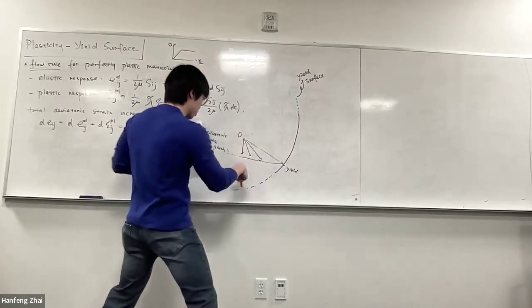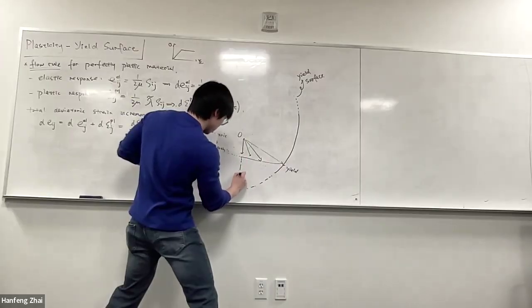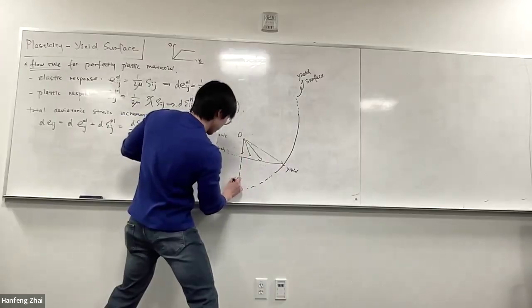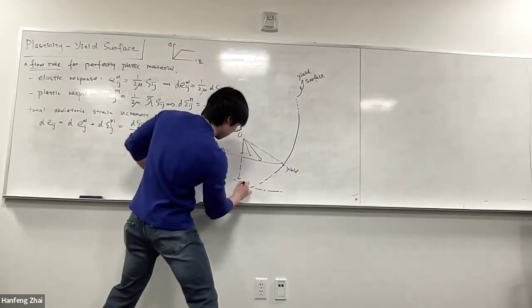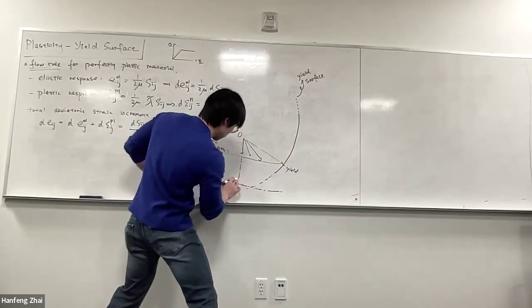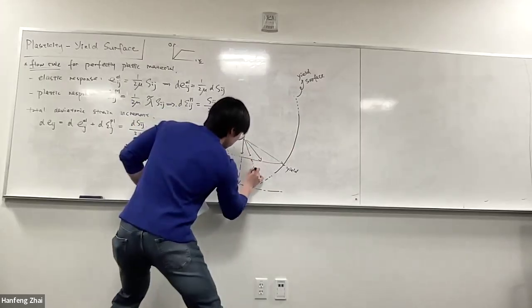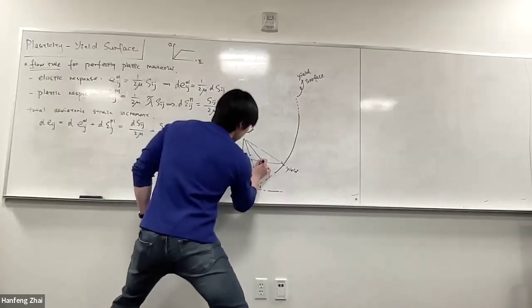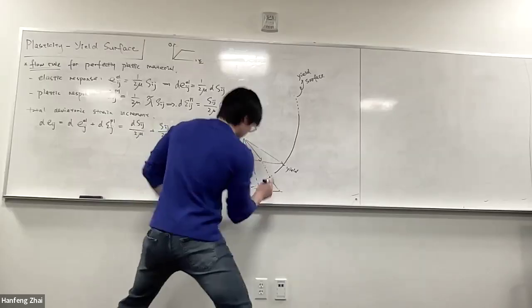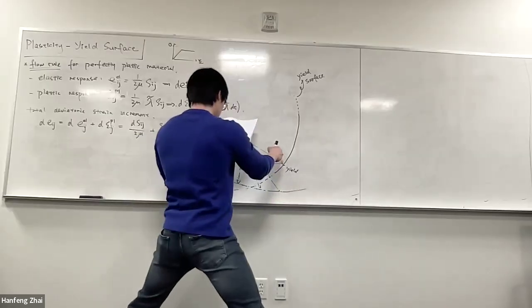So given this stress, the corresponding strain should look like this, which is literally elongated until you reach the yield point.